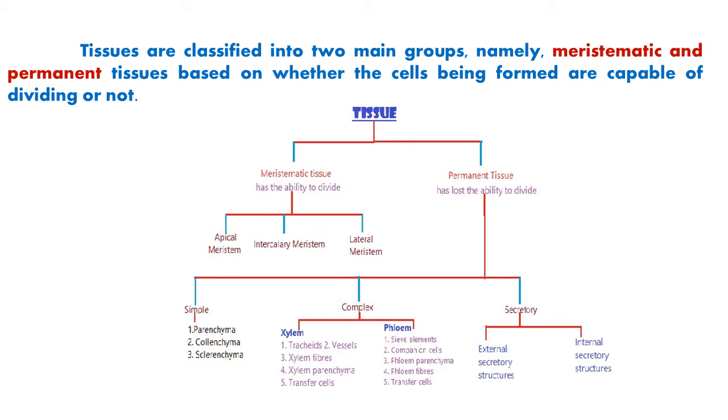Next, complex tissue is divided into xylem and phloem.